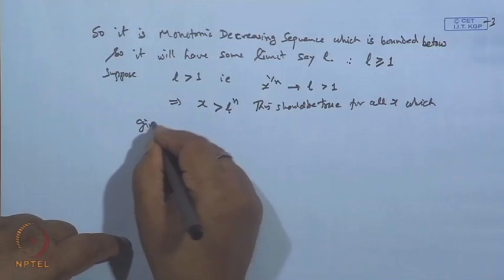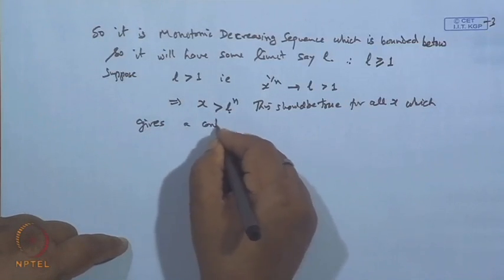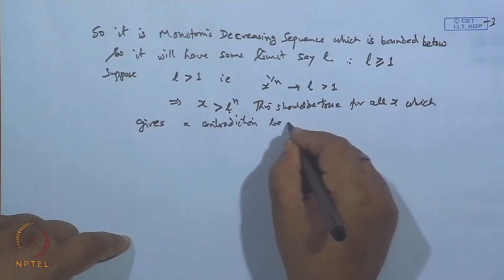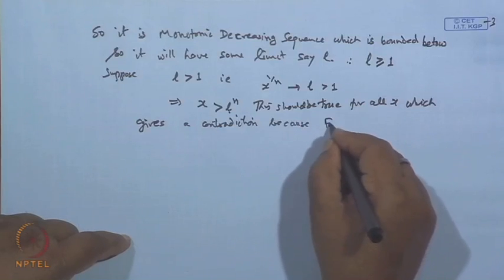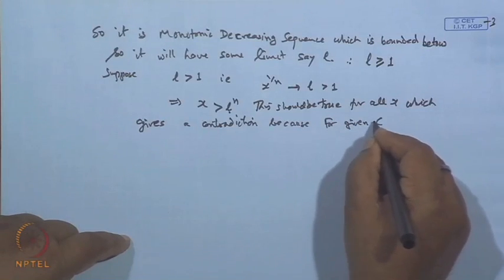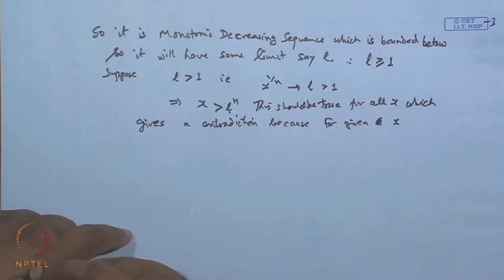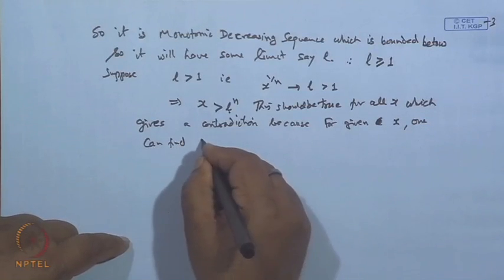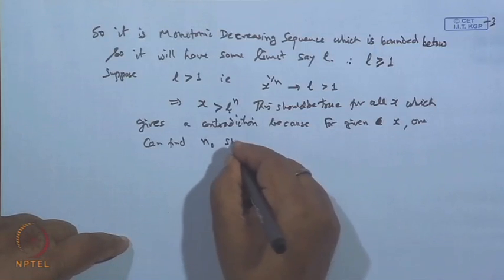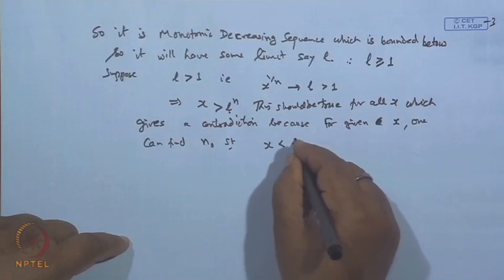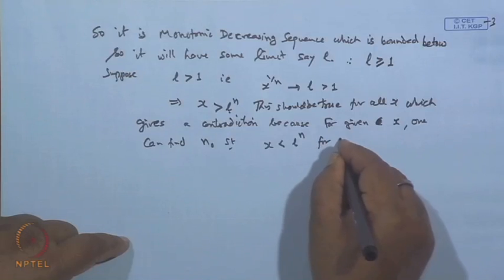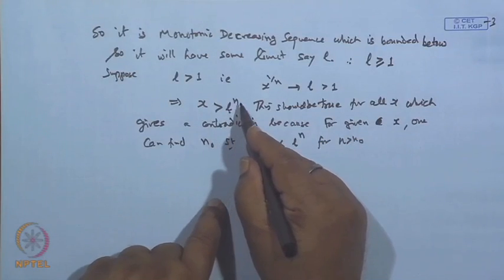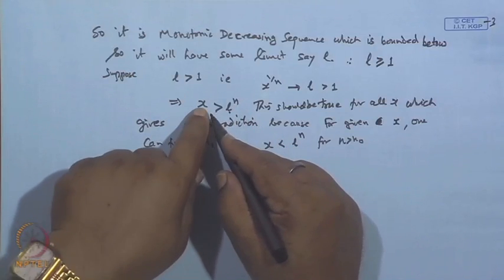Why a contradiction? Because for given x, one can find n naught such that x will be strictly less than L to the power n for n greater than n naught, because the right hand side keeps on increasing, but the left hand side is fixed.